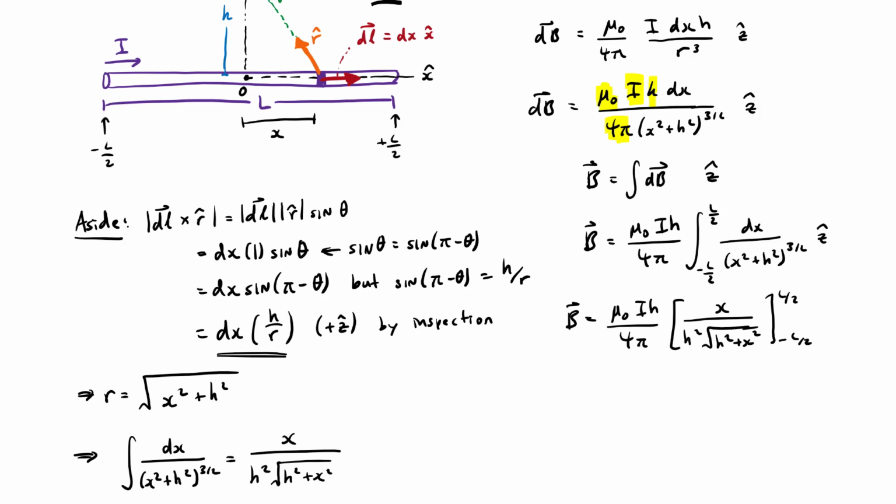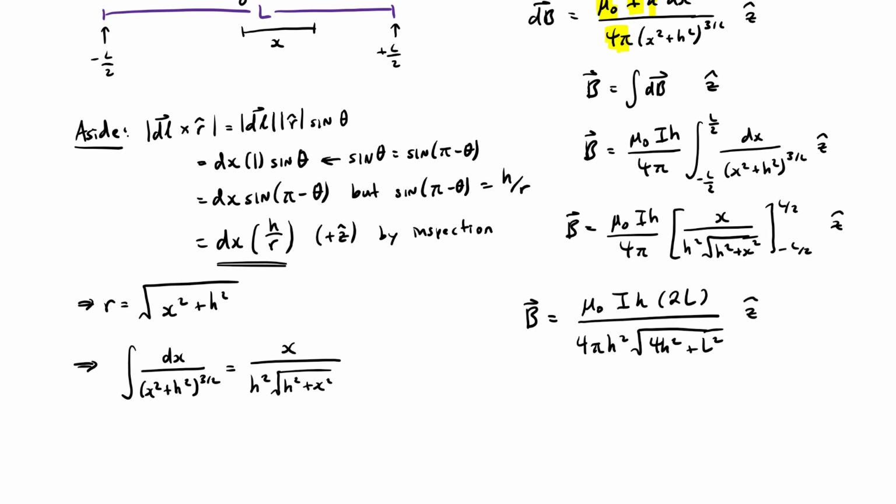So we have to replace all of our x's with that, and if we do so, you end up with B being equal to mu naught I h 2L over 4 pi h squared square root of 4h squared plus L squared, and that's all in the z direction.